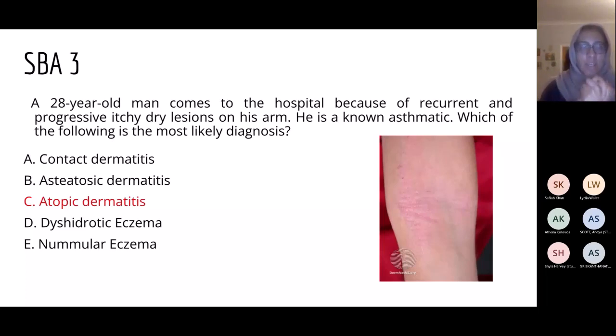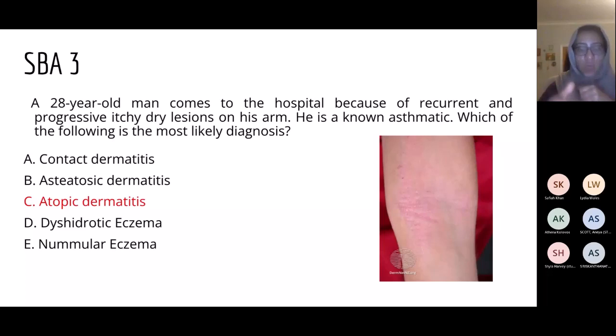Then there's asteatotic eczema, which I can't say properly, what you see in B. You tend to find this kind of dermatitis in elderly individuals, when the sebaceous glands start aging and cause drying of the skin.